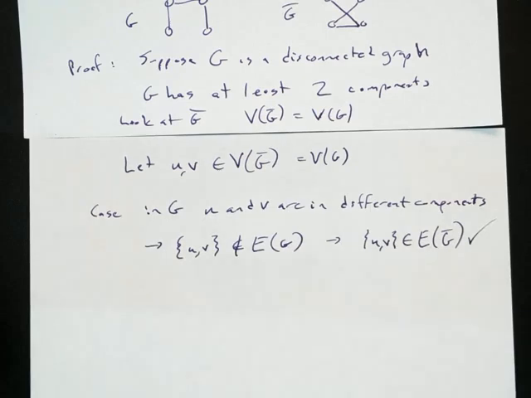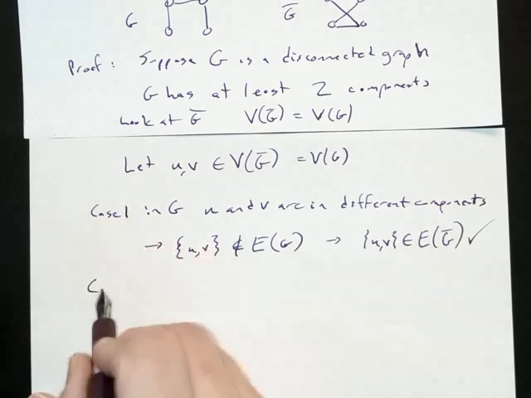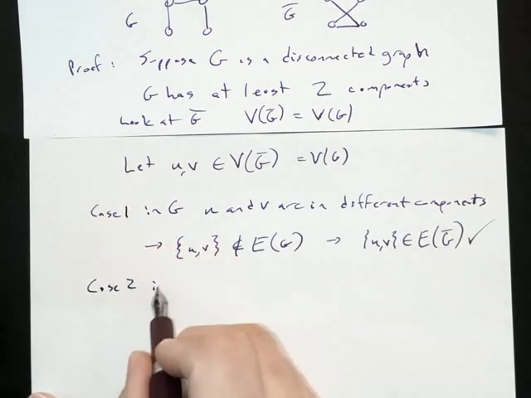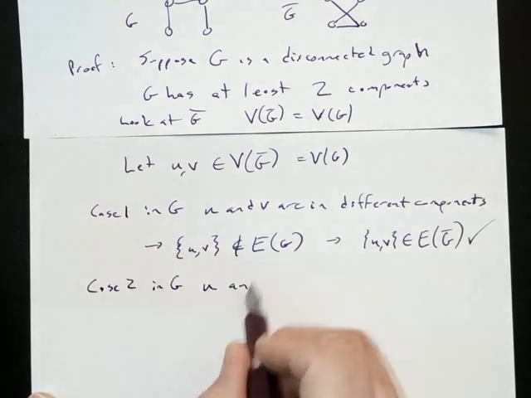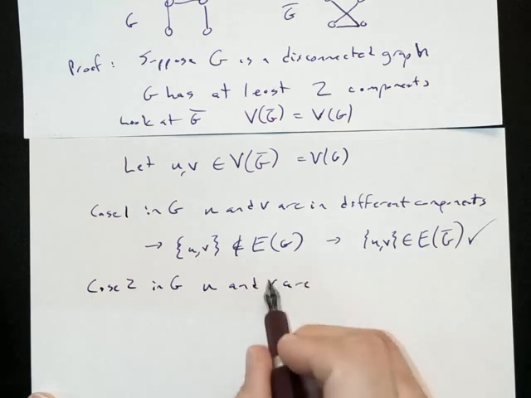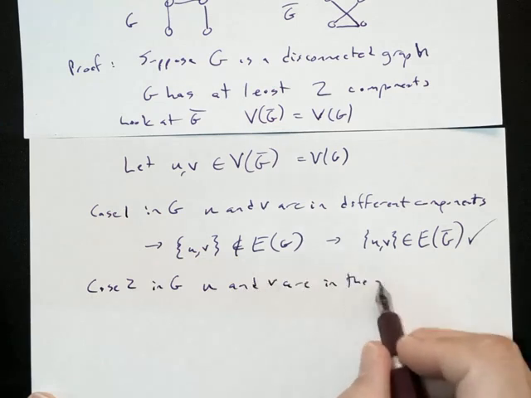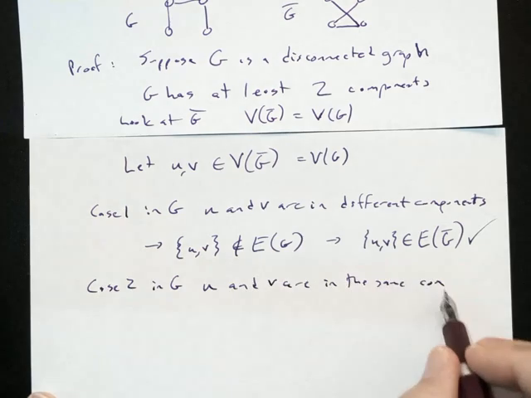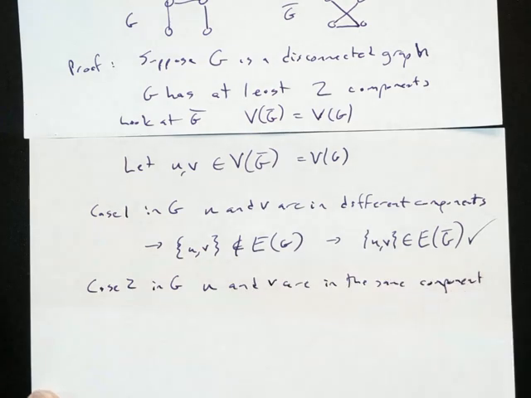Case 2. This was case 1. Case 2. In G, U and V are in the same component. So U and V both live in the same blob.